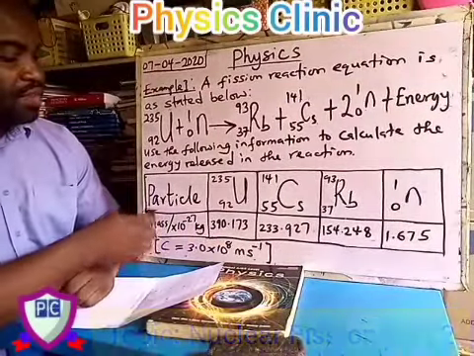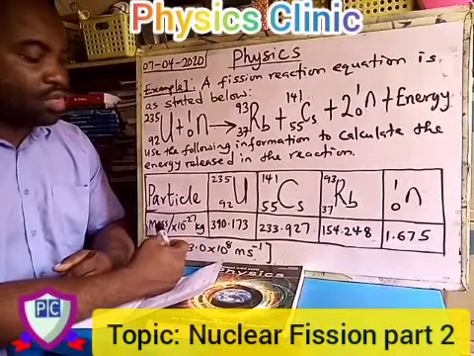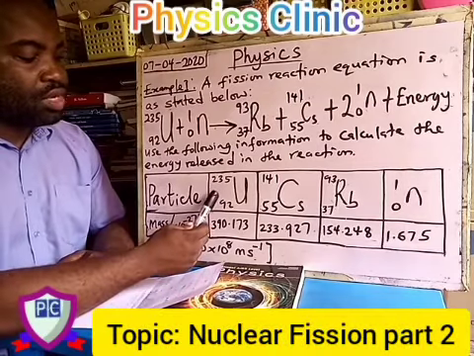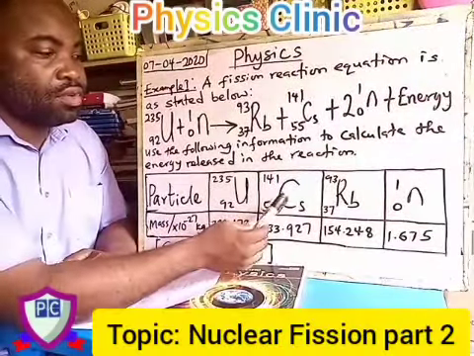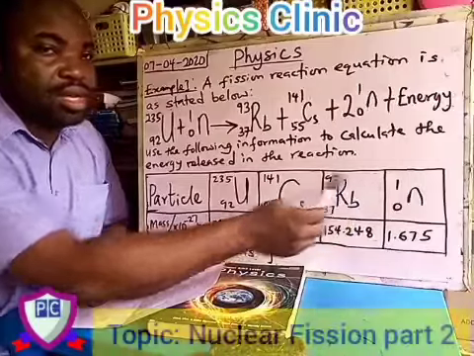On the table here, we have the particles involved in the nuclear fission reaction, which are uranium-235, cesium-141, rubidium-93, and neutrons.